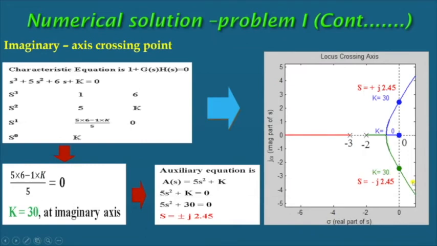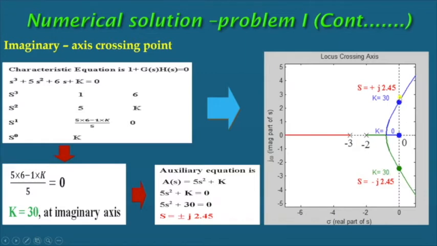This root locus crosses the imaginary axis. That means this root locus branch passes into the right hand side of the S-plane. Then the system is an unstable system.